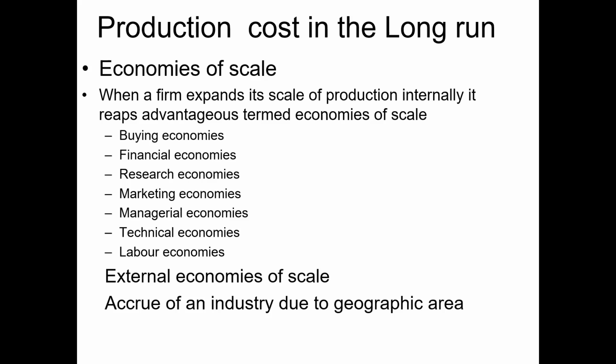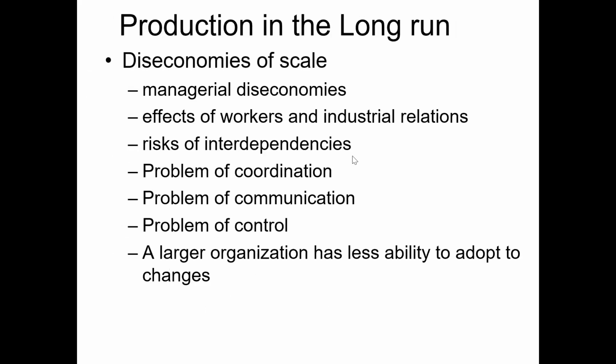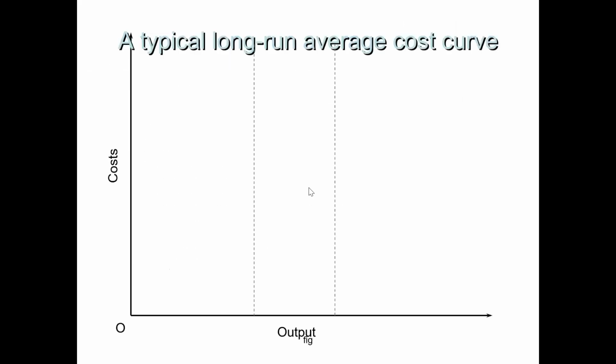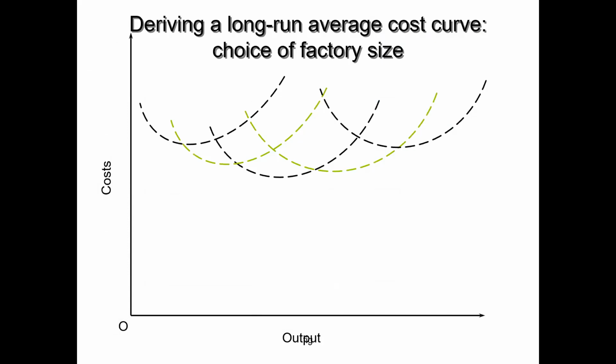The long run takes a U shape due to economies of scale and diseconomies of scale. There are different economies of scale and different diseconomies of scale, and due to this the long run cost curve takes a U shape.